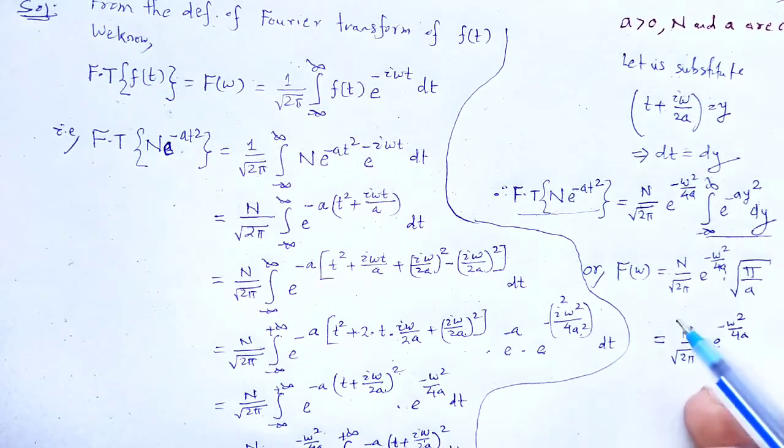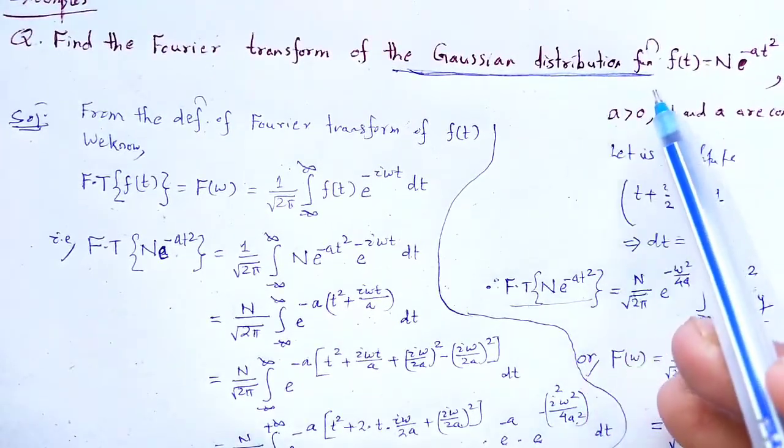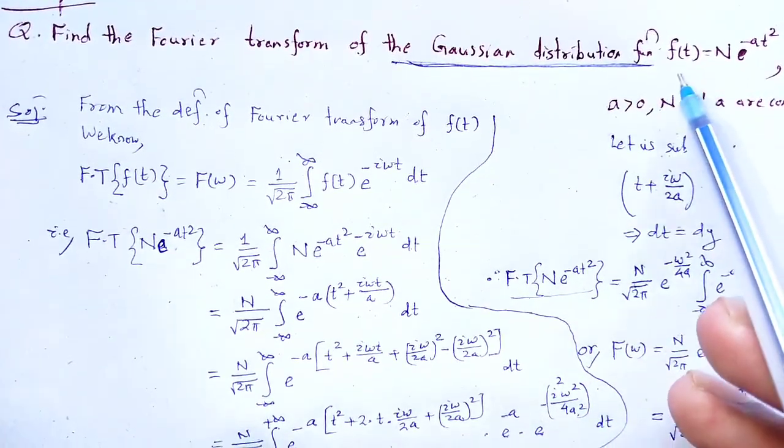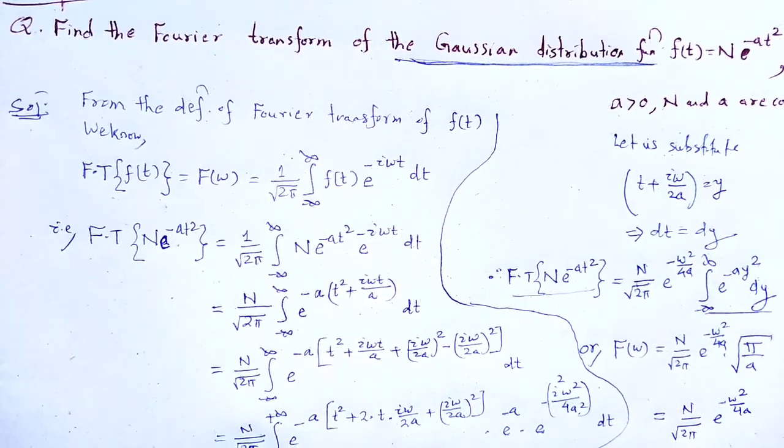That is the Fourier transform of the Gaussian distribution function f of t is equal to n into e to the power minus a t square.